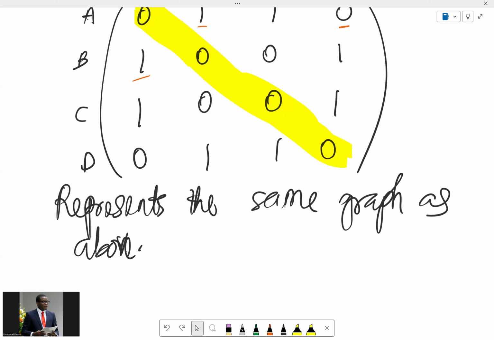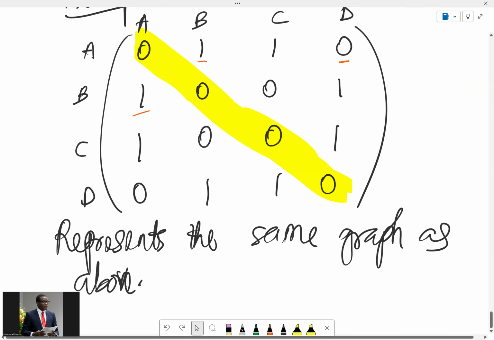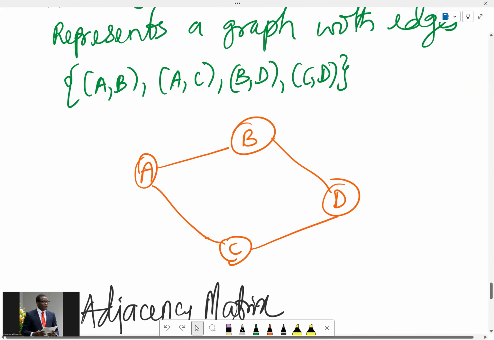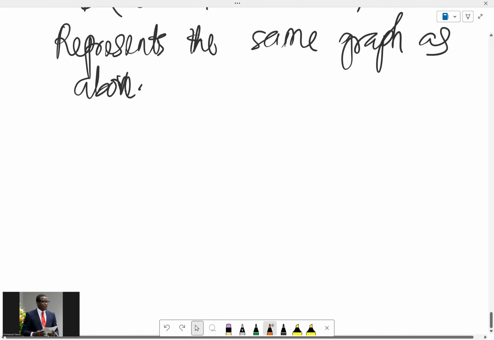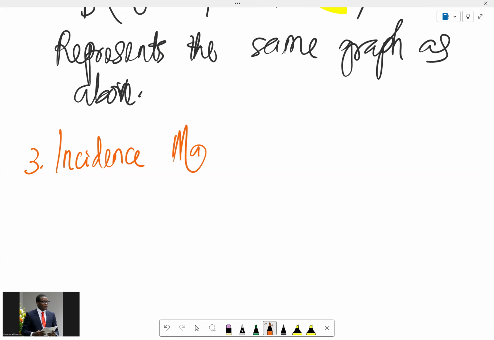So we have the adjacency list, the adjacency matrix, and then the third way of representing graphs would be the incidence matrix.